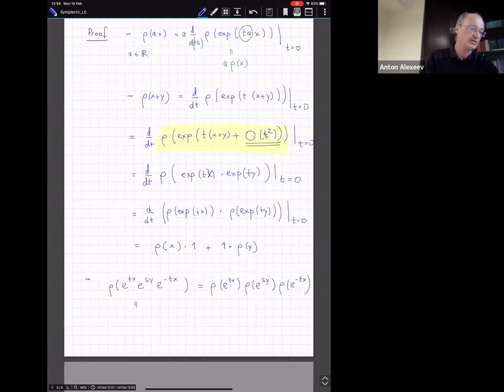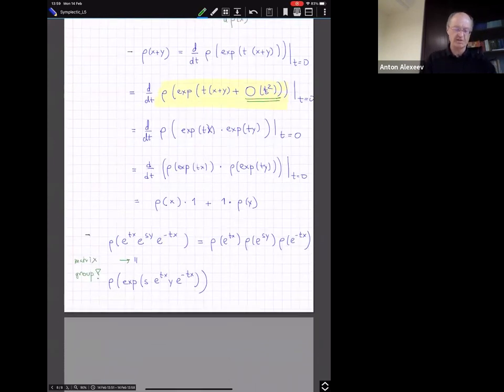And this is equal to rho of exponential of s times e^{tx} y e^{-tx}. Here I'm using that I'm a matrix guy, because I'm in a matrix group. Otherwise, I need to do more. Okay, so this is my starting point.